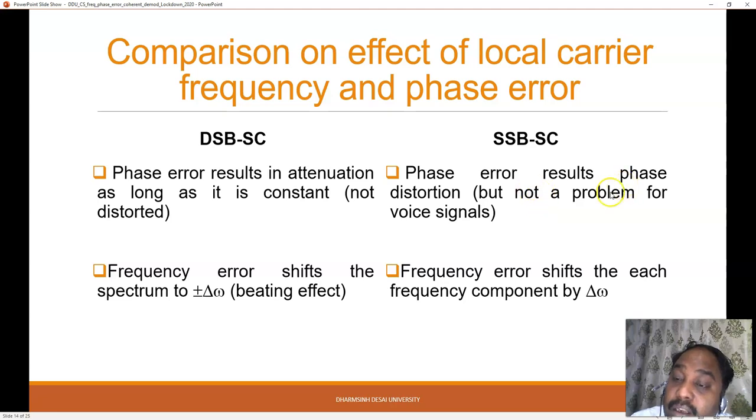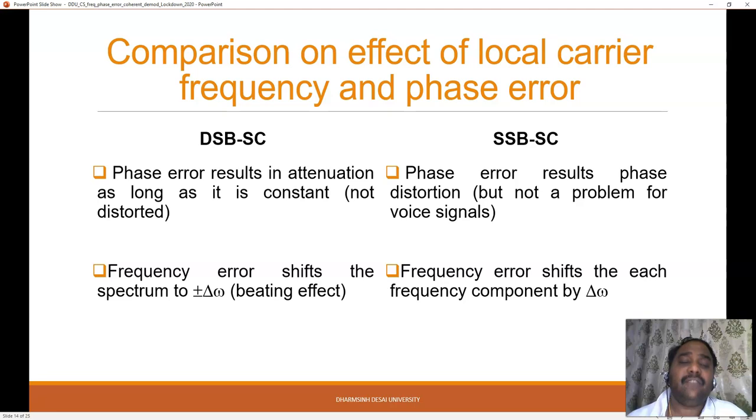The phase error in the case of SSB-SC results in distortion, but for the voice signal there is no issue. So if your m of t is a voice signal, then phase error doesn't make much difference for DSB-SC as well as SSB-SC.